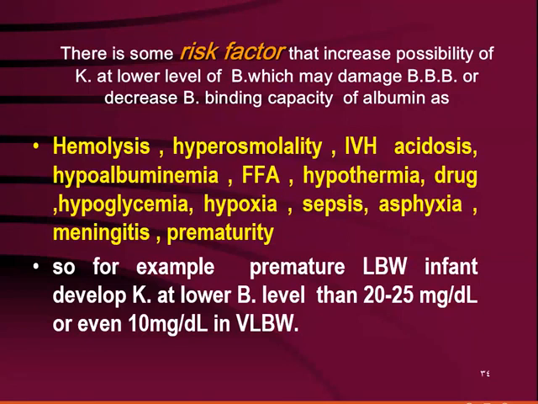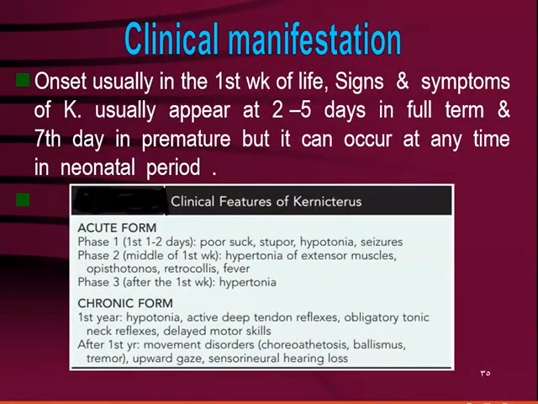Also, a patient without septicemia may develop kernicterus at 20 or 25 mg, but with septicemia may develop it at a lower level, below 20, especially if there are other factors.